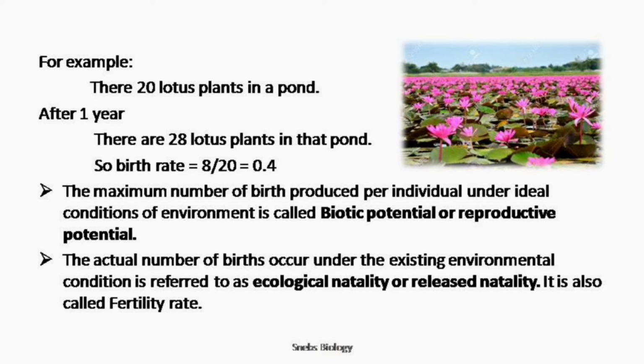It depends upon the population density and environmental factors. The actual number of births occurring under the existing environmental conditions is much less as compared to the absolute natality. So it is referred to as ecological natality or realized natality, or we can also say it as fertility rate.